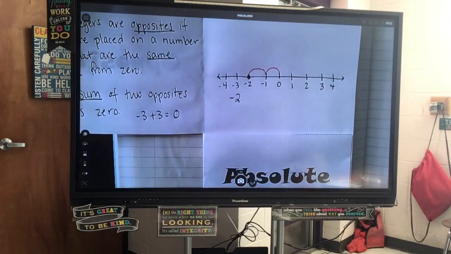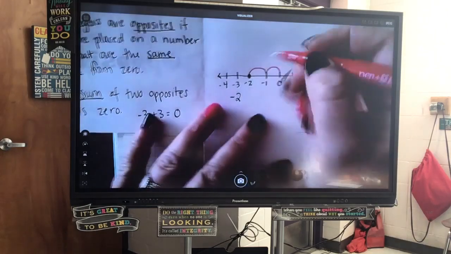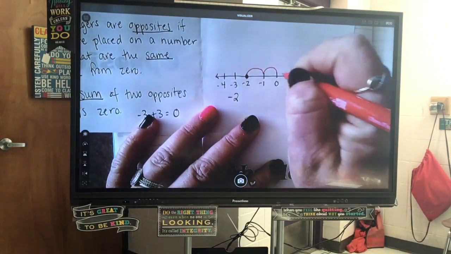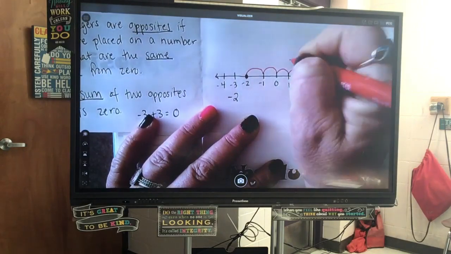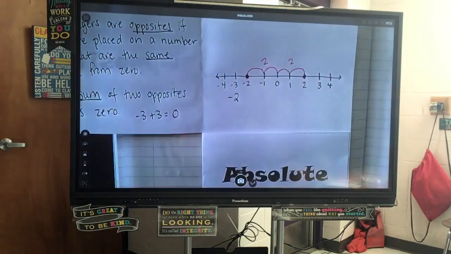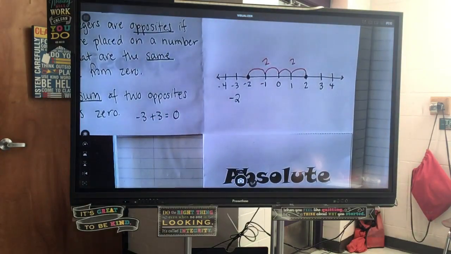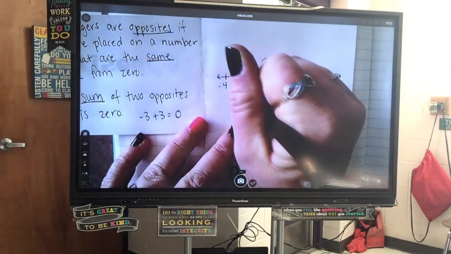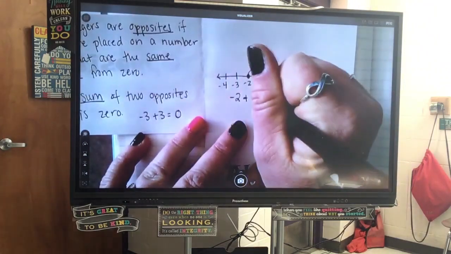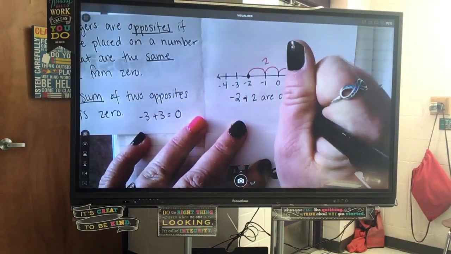What is the opposite of -2? It's the opposite. Hey, Gael. So a +2. So then we're gonna put a dot on +2. And we know it's 2 jumps from -2 to 0, and we know it's 2 jumps from 0 to +2. So -2 and 2 are opposites.